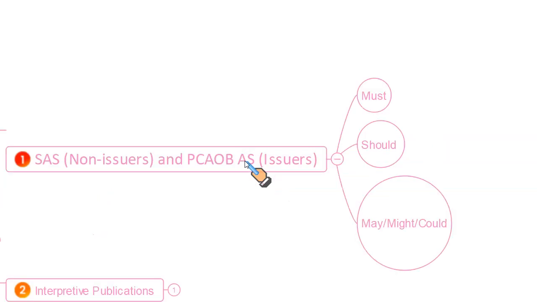Let us discuss. The auditor should use his professional judgment in applying these standards, SAS or AS, to particular engagements, and be prepared to justify any departure from any mandatory requirement. When you see the word must in any standard, SAS or AS, that means it's an unconditional requirement which must be fulfilled.